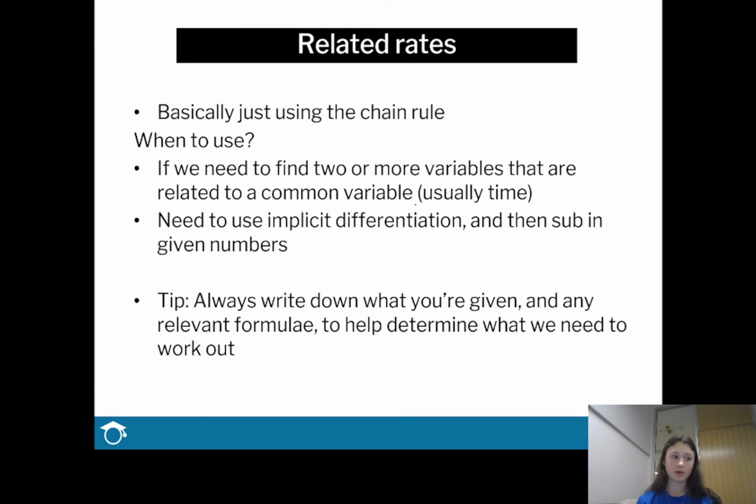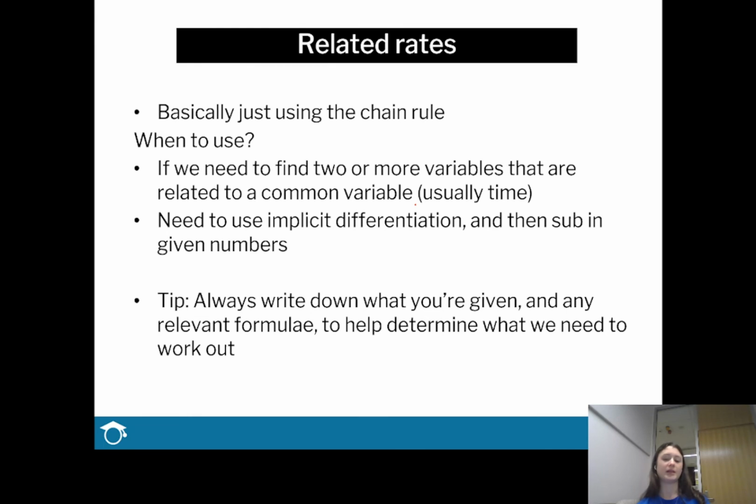So next, we will get onto related rates and chain rule. So related rates are used when we need to find 2 or more variables that are related to a common variable.